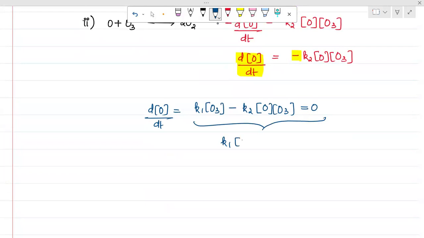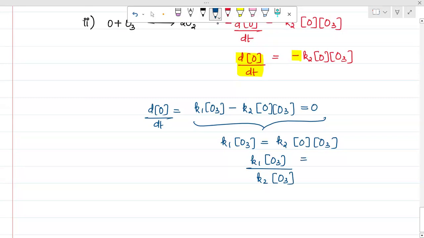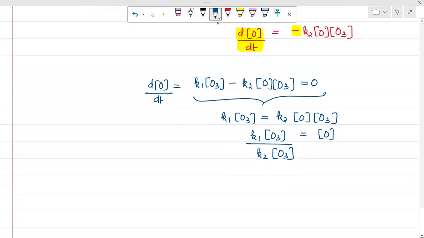So K1 concentration of O3 is equal to K2 concentration of O into O3. Keep O on one side: K1 O3 divided by K2 O3 is equal to concentration of O. O3 gets cancelled. I can write O as equal to K1 by K2.